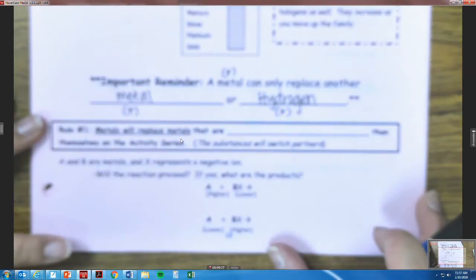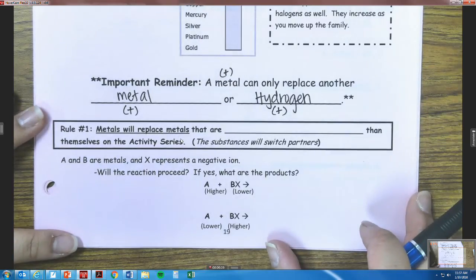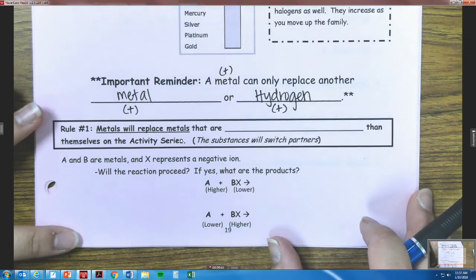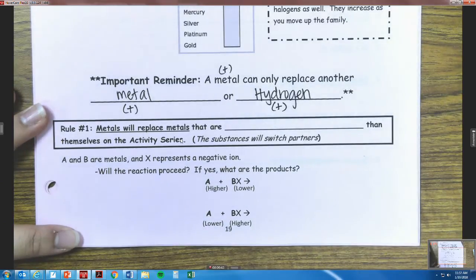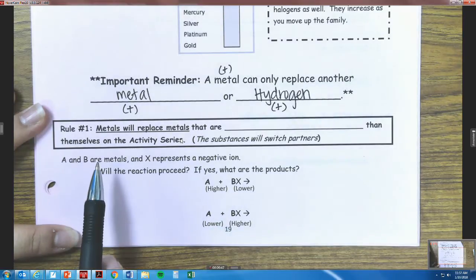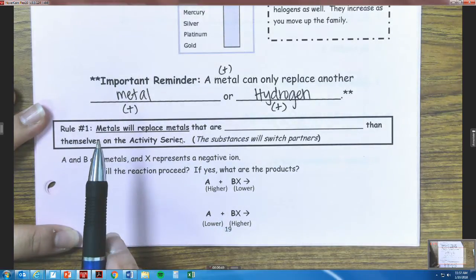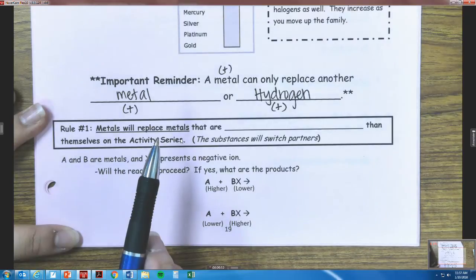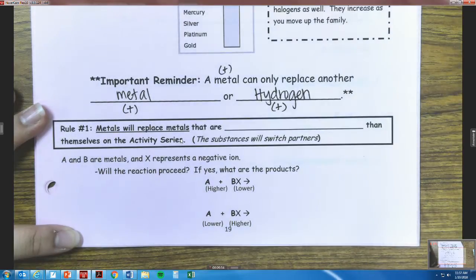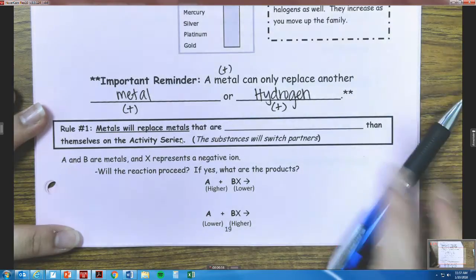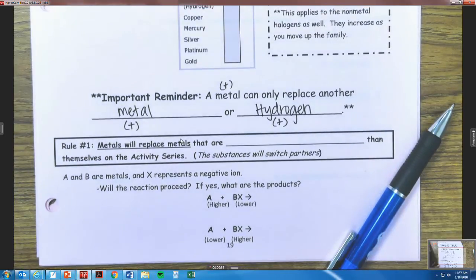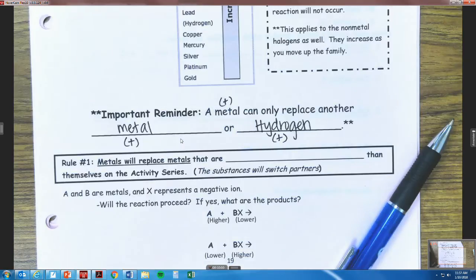Okay, so there are rules again for whether or not your metals can switch places. Our first rule is that metals will replace metals that are higher than them, or sorry, let me make sure, I don't want to tell you wrong.